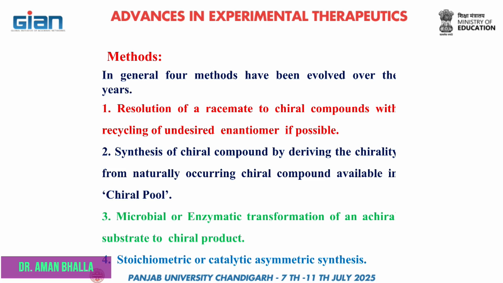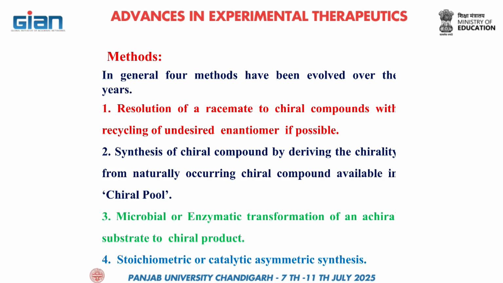So till here you know that you need asymmetric synthesis, you need pure compounds. Why? Because every isomer may be related to one particular activity. So our objective is clear now: we require pure compounds. Now the question is what methods we can use to get enantiomerically pure products.